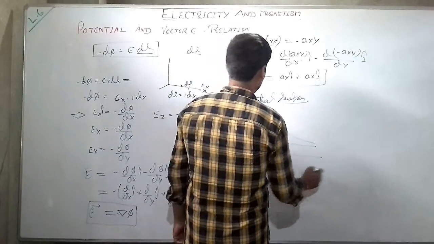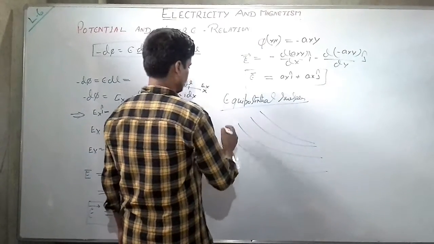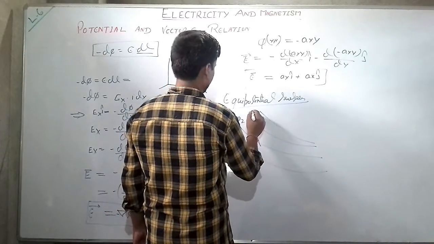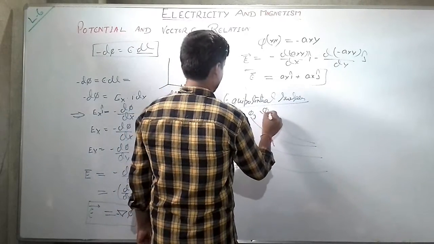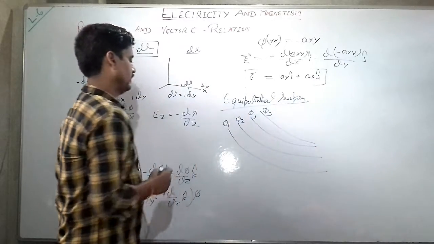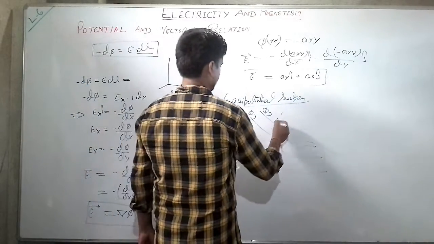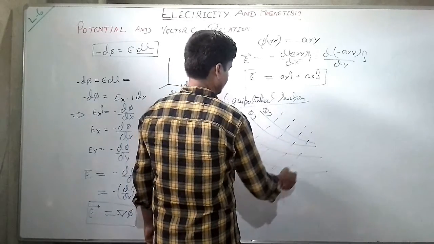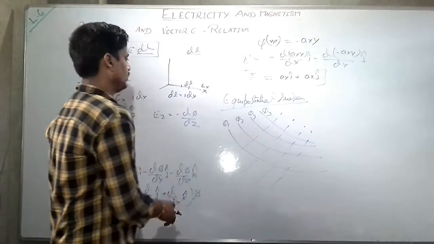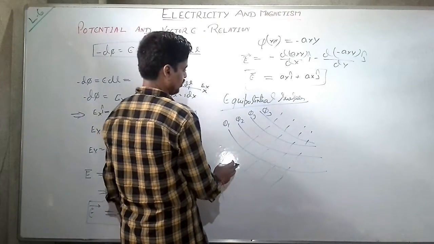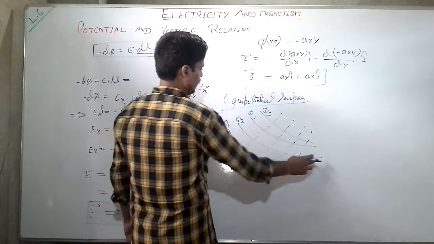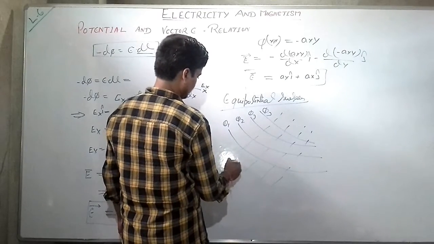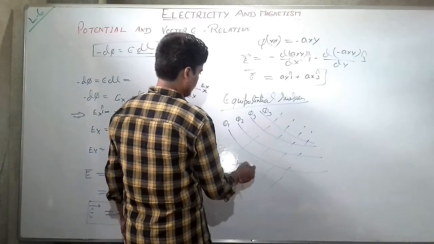Now there is a term called equipotential surface. Equipotential surfaces are those surfaces where at each point the potential is the same. The dotted line is the electric field.